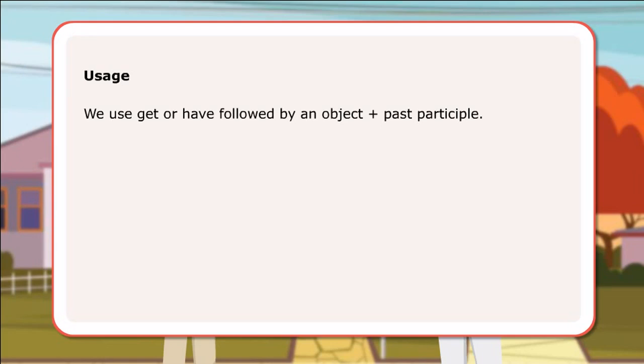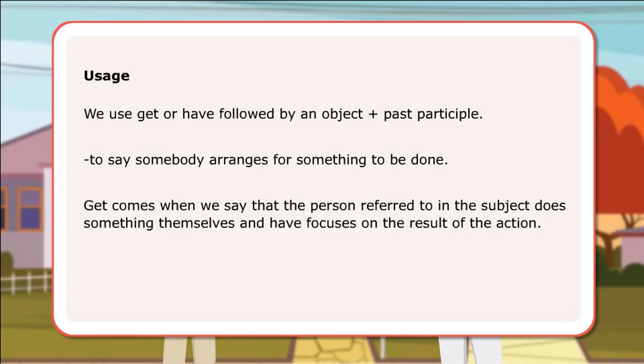We use get or have followed by an object plus past participle to say somebody arranges for something to be done. Get is used when we say that the person referred to in the subject does something themselves, and have focuses on the result of the action.